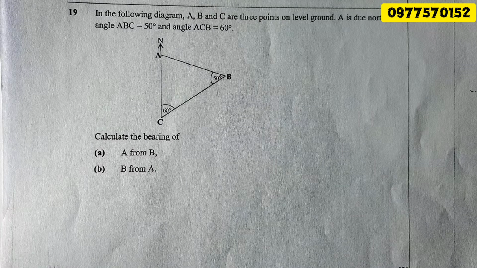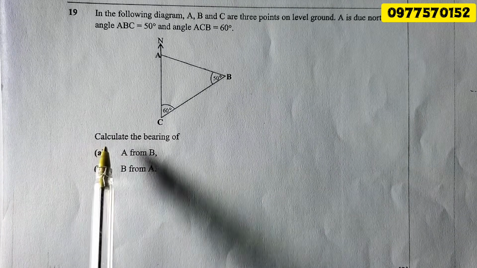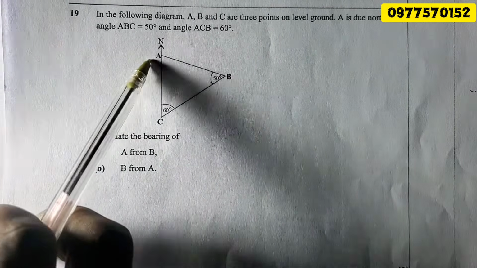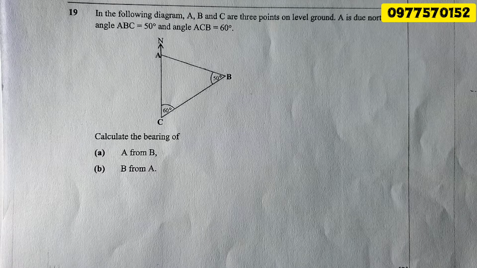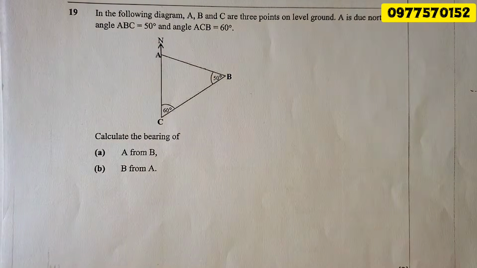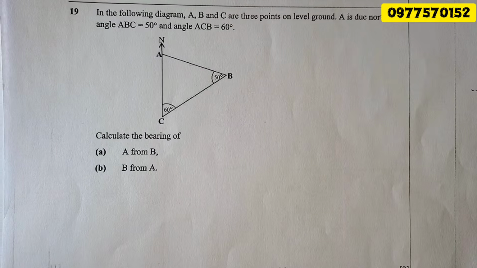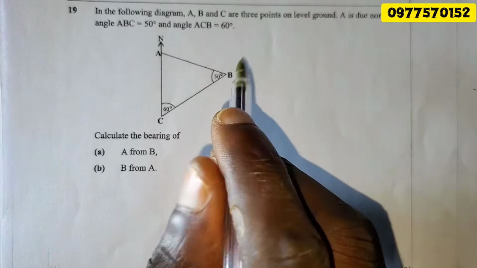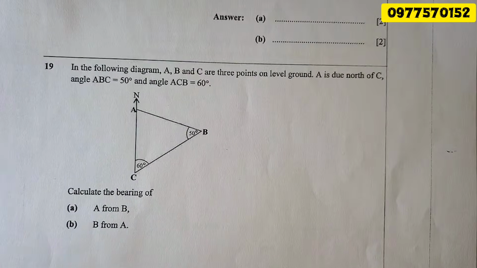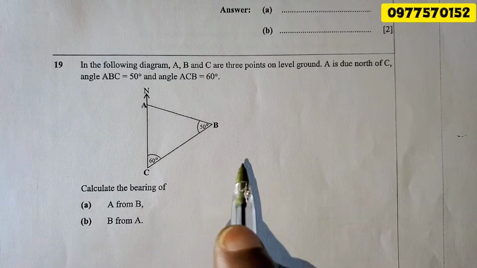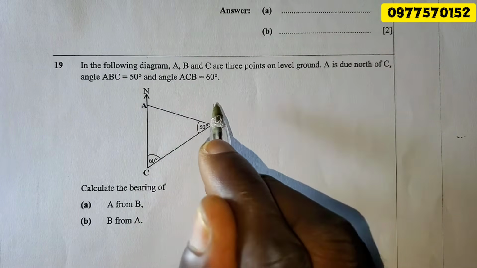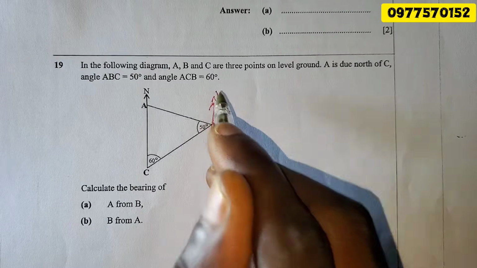So to solve the first one, to calculate the bearing of A from B, this is exactly what we're going to do, my good friends. We're going to draw the north here, like this, to help us calculate.